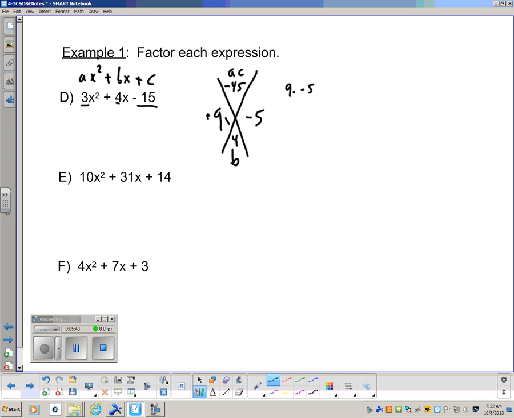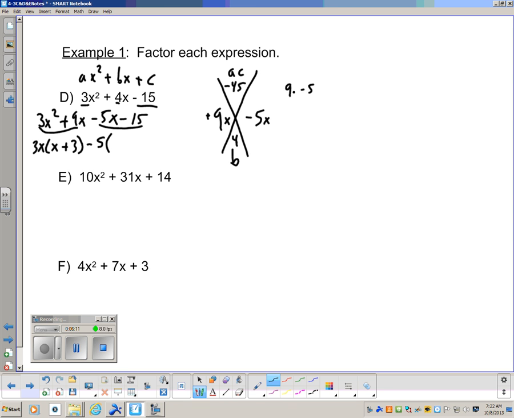So putting my x's in here just like I did before, rewriting this, I'm going to put a plus 9x minus 5x minus 15. Looking at the first two, the GCF is 3x, and I'm left with x plus 3. The GCF over here is a minus 5.